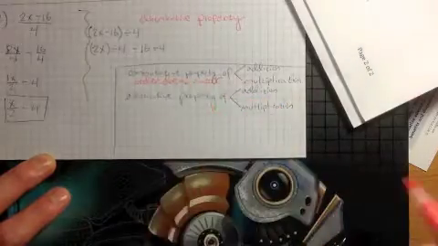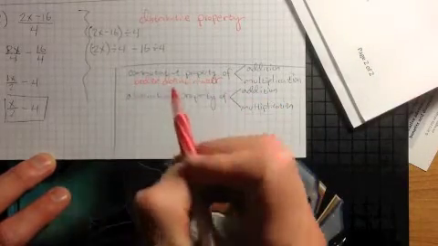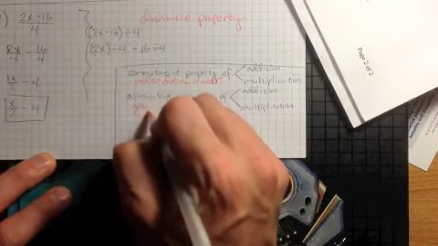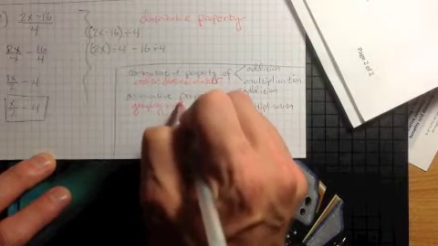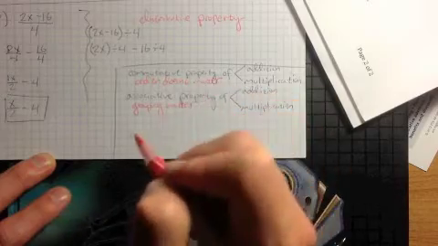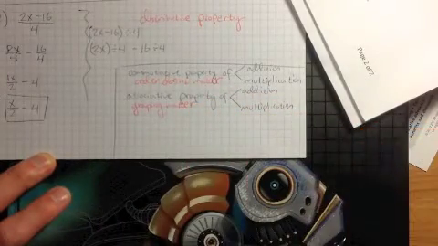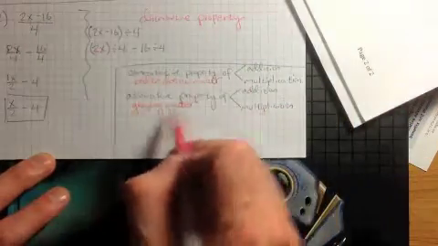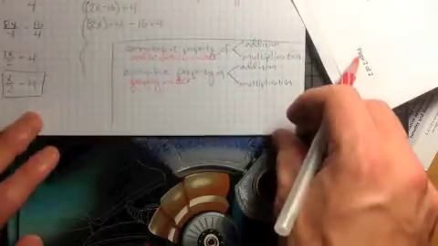Or 7 plus 3 is the same thing as 3 plus 7. Associative property says that the grouping doesn't matter. So 3 plus 8 plus 9 is the same thing as 3 plus, well, you'll see some examples of that in a second.